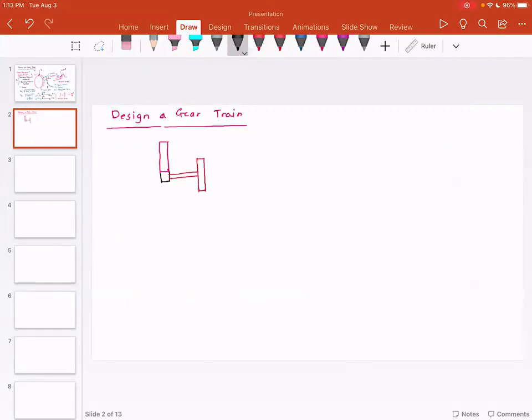and then this gear is attached to another pinion. And then usually you have a gearbox around it.